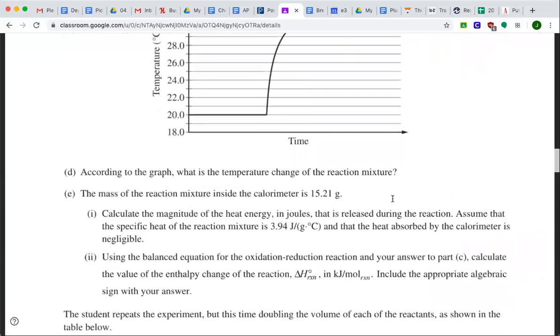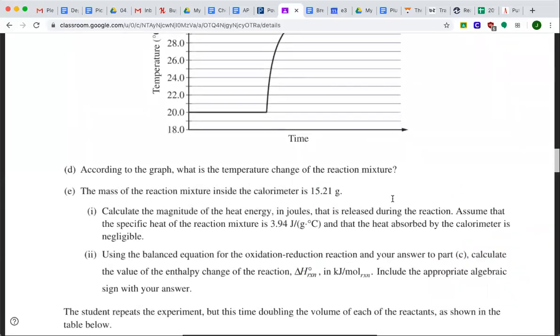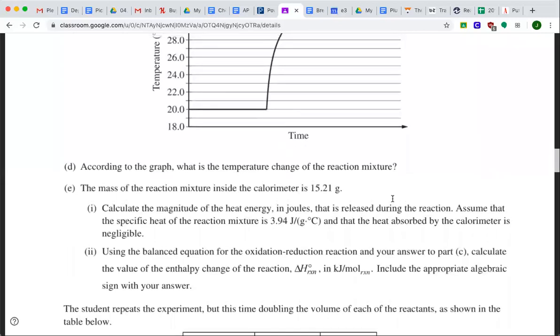Using the balanced equation for the oxidation reduction reaction and your answer to part C, calculate the value of the enthalpy change of the reaction in kilojoules per mole reaction. Include the appropriate algebraic sign with your answer.